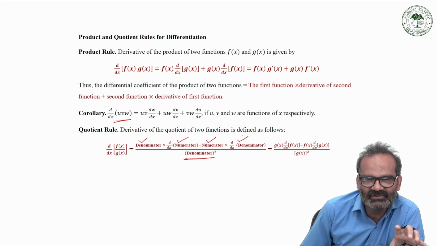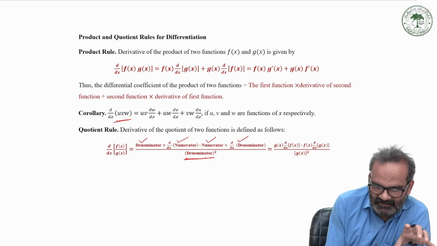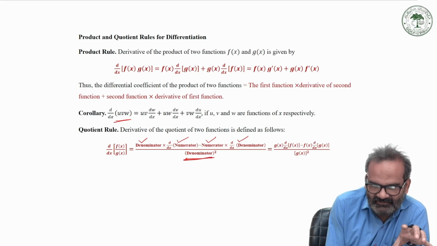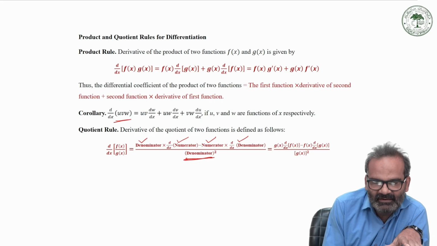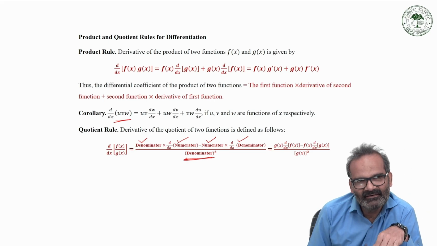And the quotient rule is: the square of the denominator will remain as it is, but in the numerator, write down your denominator as it is into the derivative of the numerator, minus your numerator as it is into the derivative of the denominator.